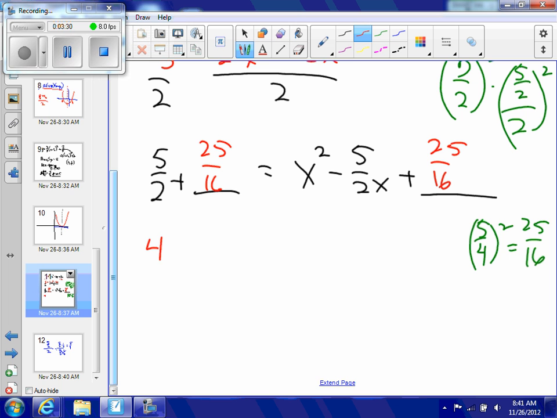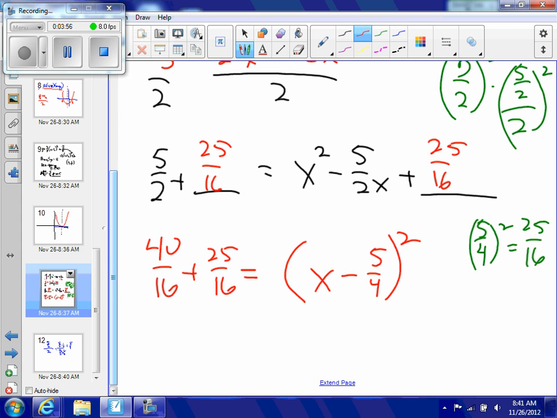So I'm going to have 40 sixteenths plus 25 sixteenths is equal to... now the whole purpose for completing the square was to go from a perfect square trinomial, hang on a second, I might have made a mistake. Did I make a mistake? No, I did. You did? Sorry. Okay. To a binomial squared, so it's x minus 5 fourths squared.